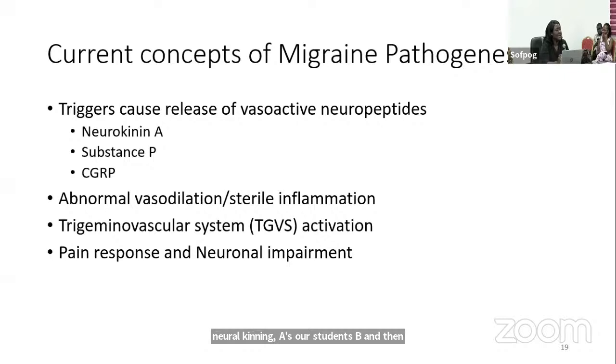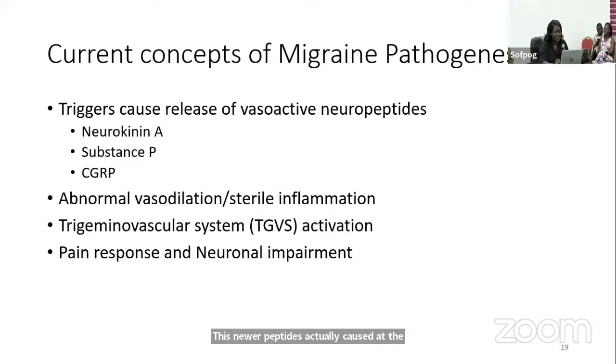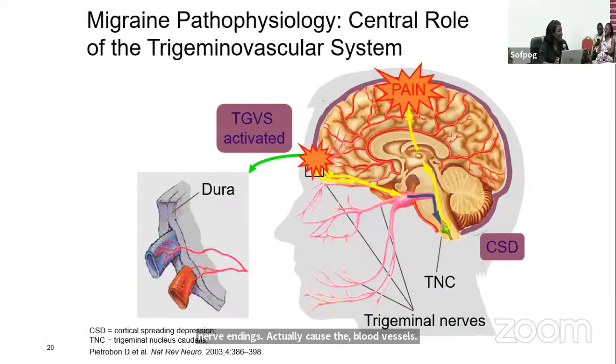These neuropeptides, at the serotonin nerve endings, cause the blood vessels to vasodilate and also cause a sterile inflammation. And that is what will actually bring out the pain. This theory is much more current and believed to be the main pathophysiology of migraine headaches.